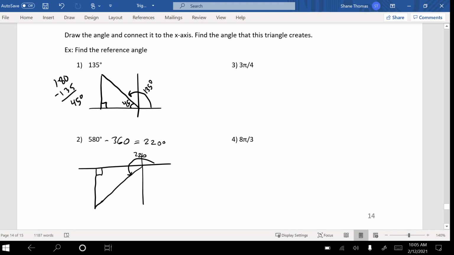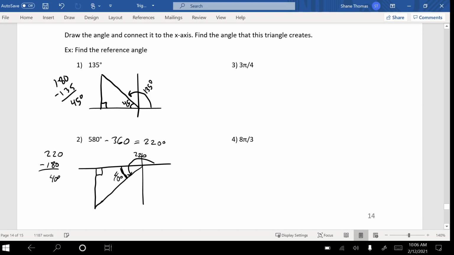Last time we subtracted 180 minus the angle we had, correct? But now I want to find this here. So in this case, I need to take 220 minus 180. My angle's past that, so I need to subtract 180 from this. What's 220 minus 180? 40. So 40 is my reference angle.